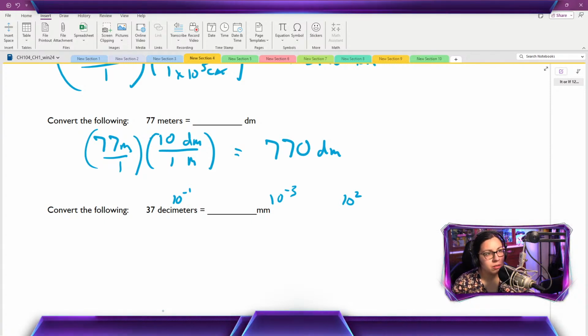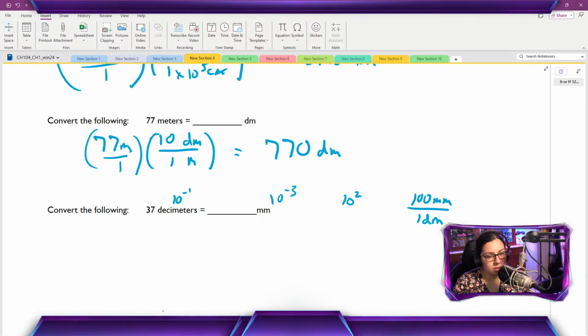So negative 1, right, minus 3 gives us positive 2 there. So now we can write there 100 millimeters in 1 decimeter. And so we could do it that way.